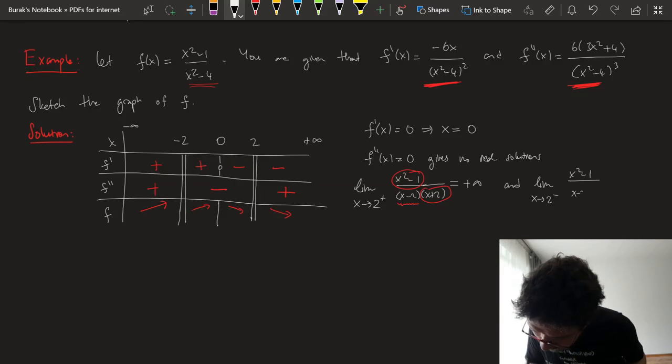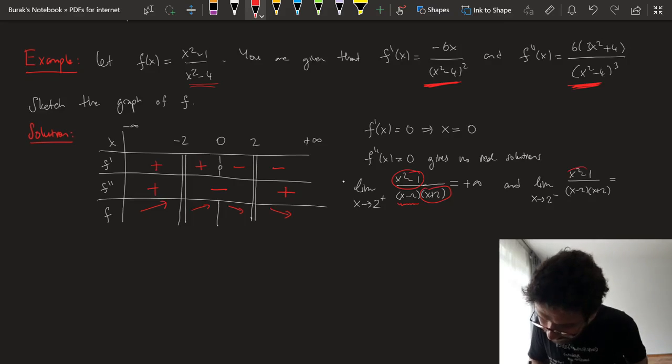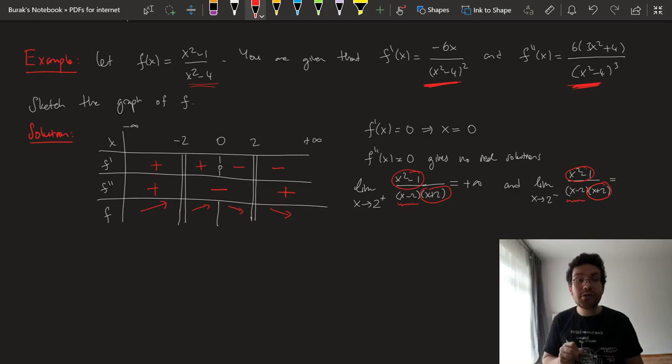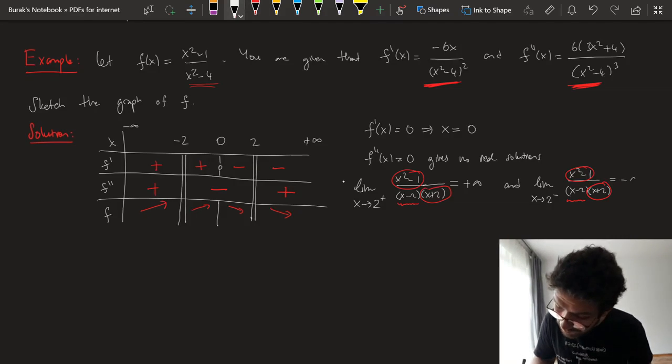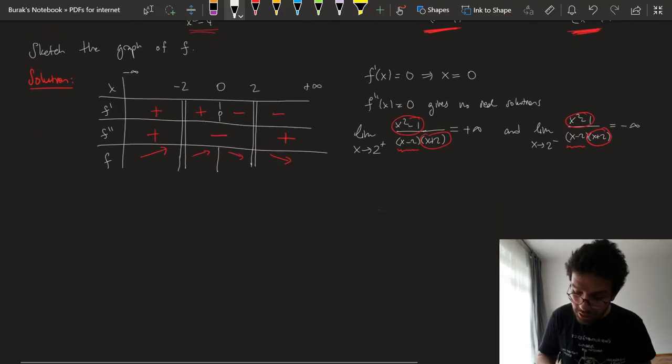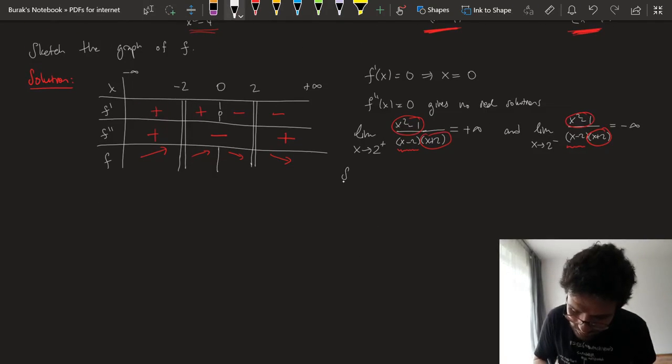And when x approaches 2 from left, again, this top will approach 3, this term will approach 4, this term will approach 0, but it will approach 0 from left with negative values, which means that this limit will be negative infinity, okay? So we have that.